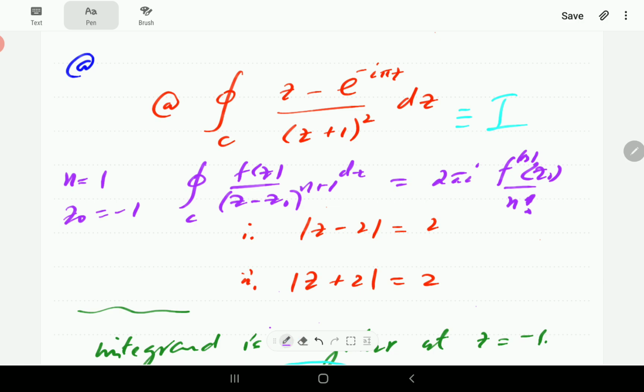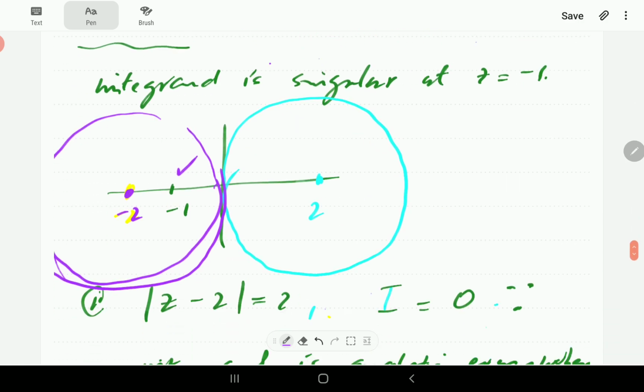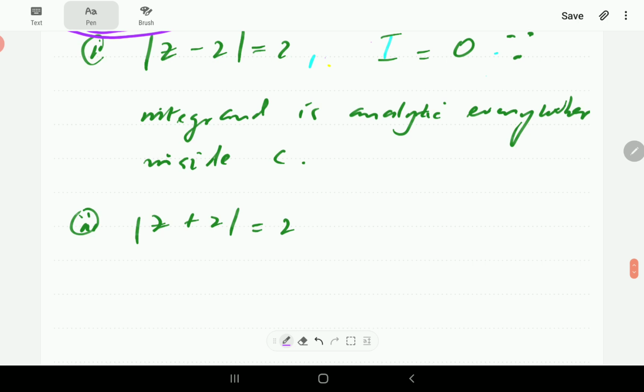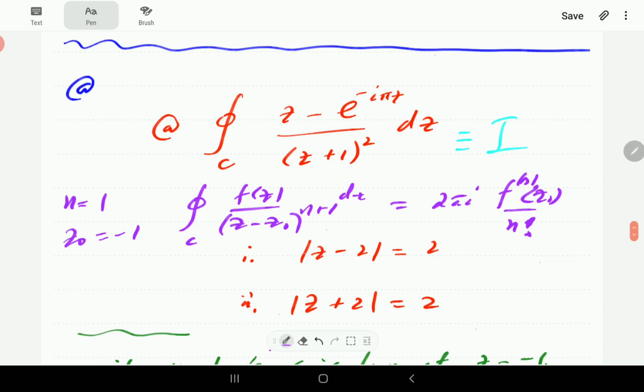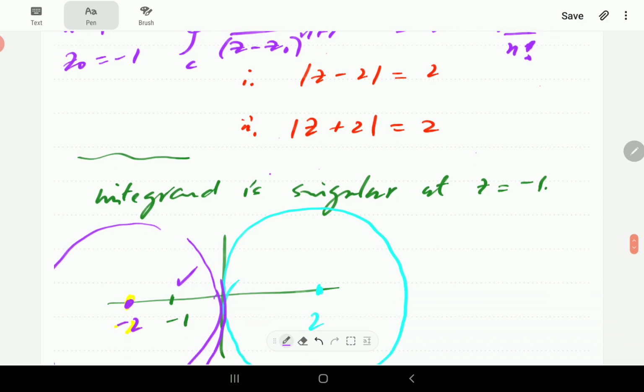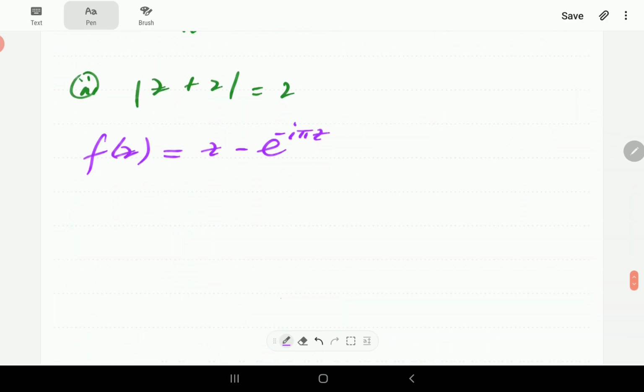And then f is just going to be the numerator of this function here. So for part 2, f of z is z minus e to the minus i pi z. If n is 1, we are going to have to differentiate f once. So let's do that there.